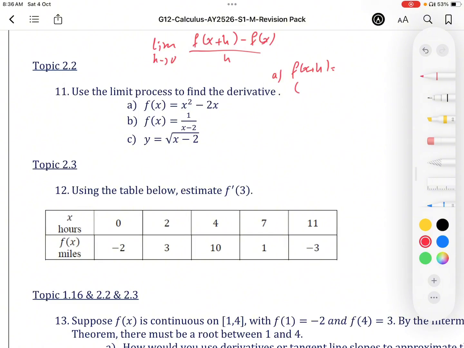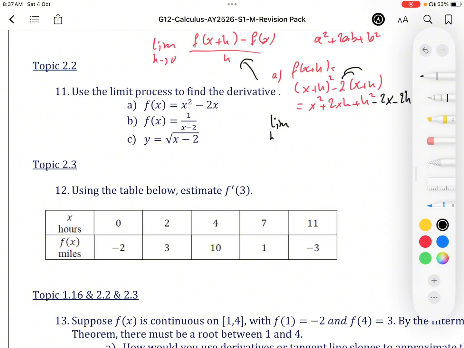So it's going to be x plus h squared minus 2 into x plus h. Let's simplify according to the formula a squared plus 2ab plus b squared. So x squared plus 2xh plus h squared. Multiply, so negative 2x, negative 2h.